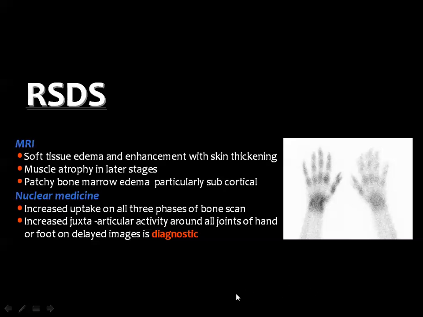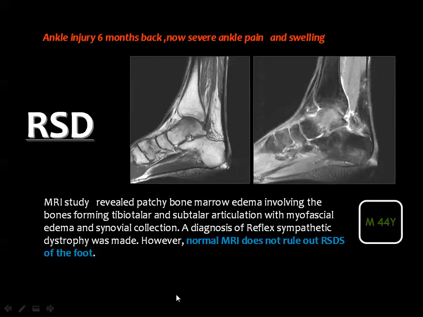The nuclear medicine will show increased uptake in the affected part of the limb, and this increased uptake is usually juxta-articular or around all the joints and is considered a diagnostic finding for this syndrome. In MRI, you get bone marrow edema of the talus, and this is low signal in the T1 and high signal in the STIR images.